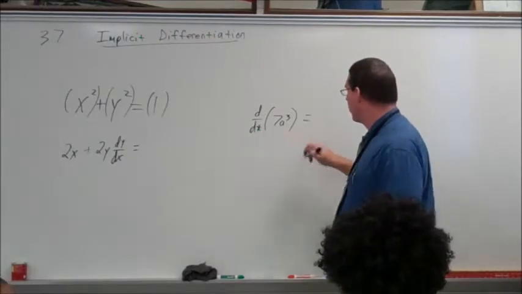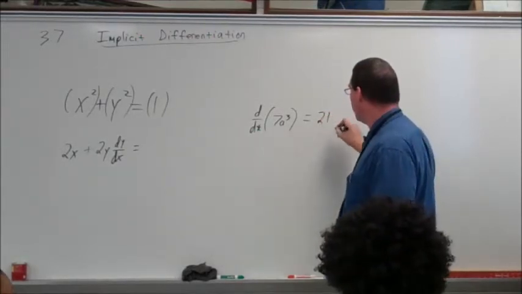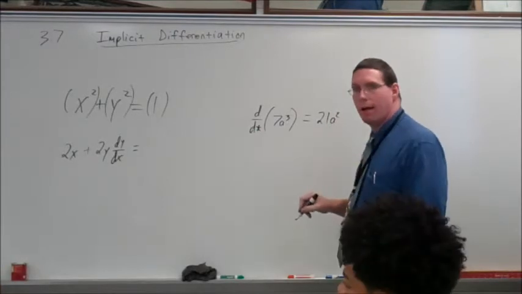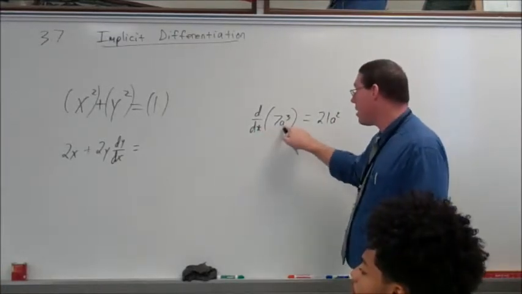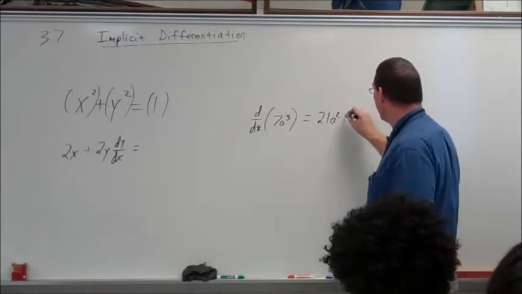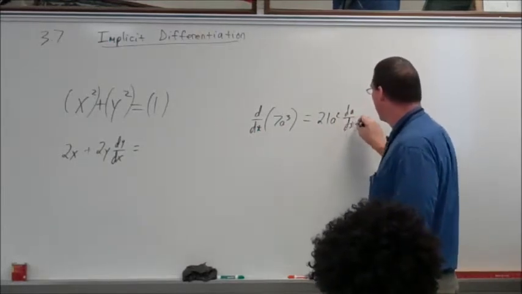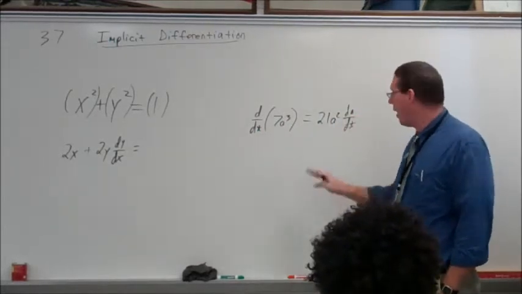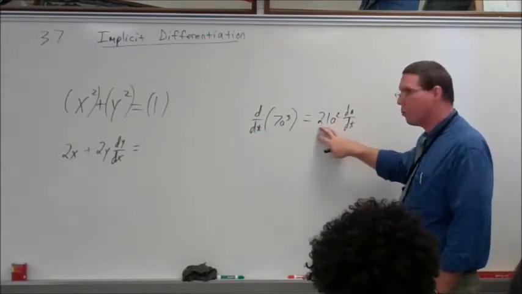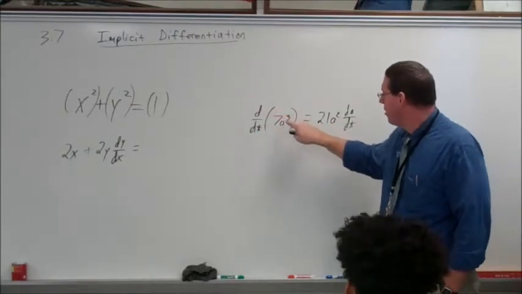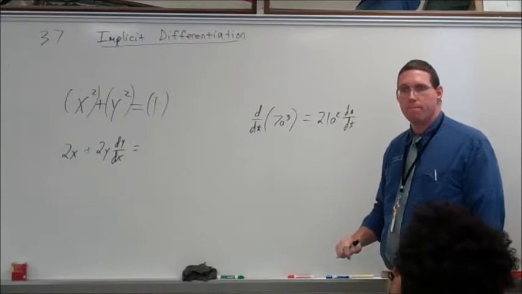What's the power rule here? 21a squared, and because it's not a t, I would put dA/dt. You have to multiply your power rule, your derivative, by d this dt.